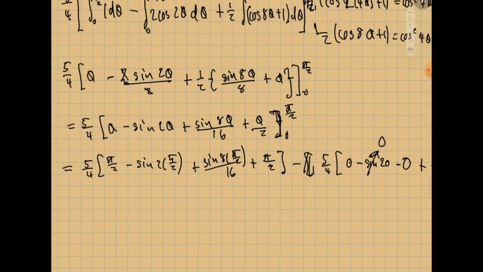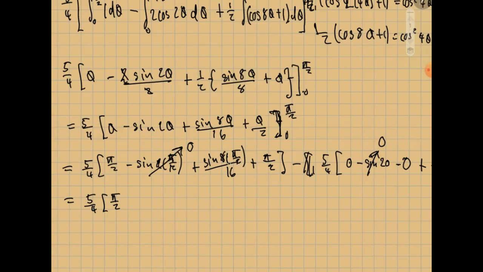And we're going to get it being equal to 5 over 4 multiplying, the 2 and this 2 cancel, we get sine of pi. And if you say sine pi in the calculator, you get a 0. So this, because it was a pi, is going to go to 0. So now we have pi over 2, then plus sine 8 pi over 16.